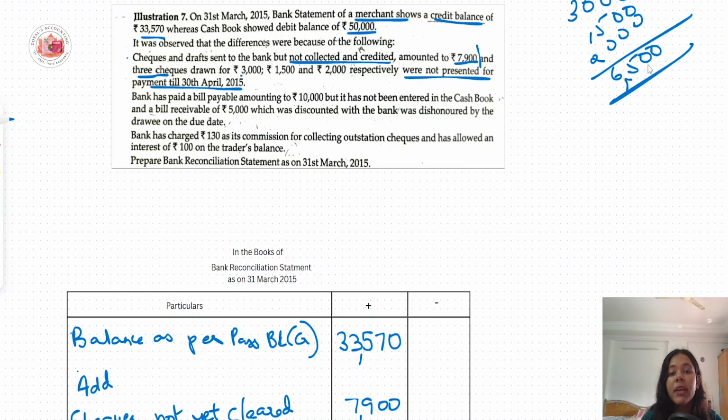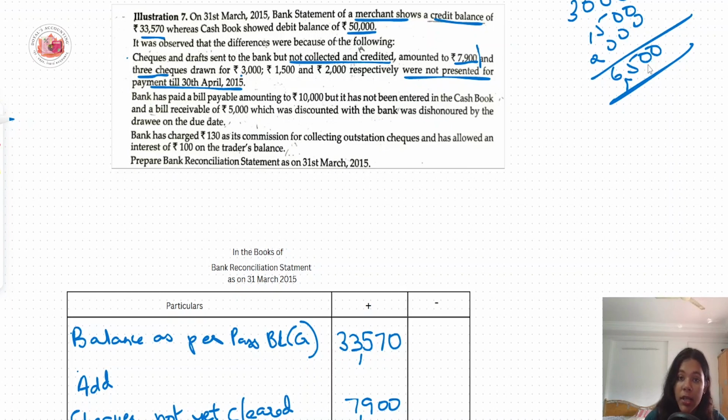So what does this mean? This means that my cash book balance is less by 6,500 than my passbook. So I will deduct 6,500 from my passbook. Got it? These checks have been issued for payment. So in my cash book, I have deducted these checks. But they have not yet been presented to the bank. That means that amount is still in my bank account, right? It has not yet been deducted.